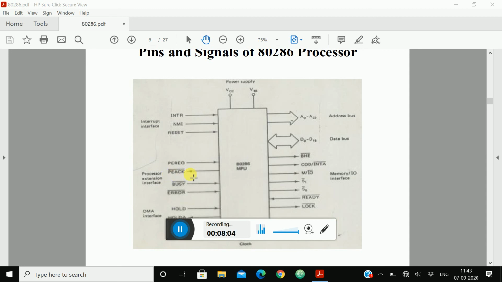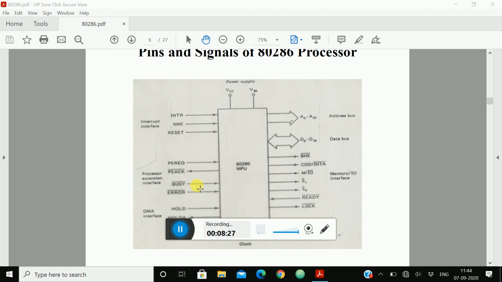When the 80286 gets round to doing the transfer, it asserts the processor extension acknowledge signal to the coprocessor to let it know that the transfer has started. It is like informing the other person that you have started doing the work.